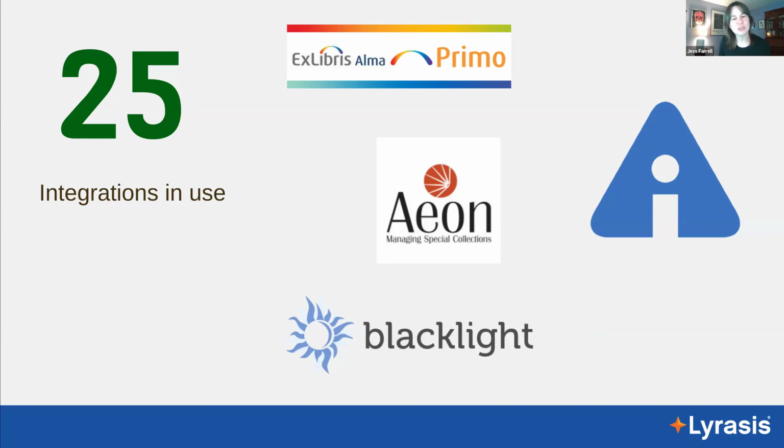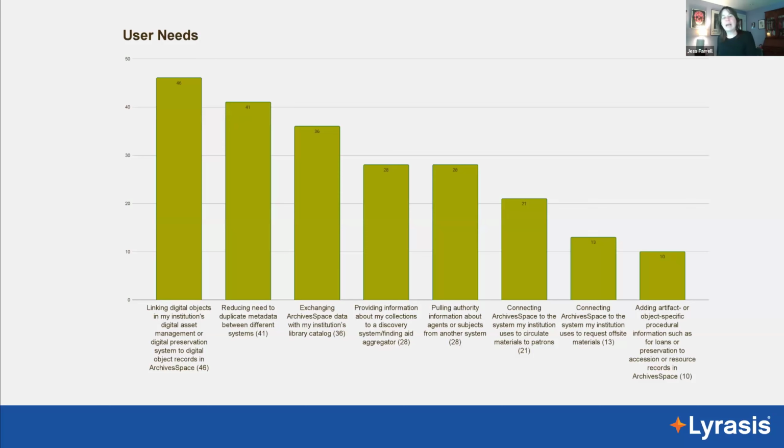And I'm sorry, I forgot to mention this earlier. There were 55 respondents to the survey, so that gives you an idea of how much of the community is represented here. When asked to choose their top user needs, respondents' top choices were linking digital objects in my institution's digital asset management or digital preservation system to digital object records in ArchivesSpace. 84% of folks cited that as their top need.